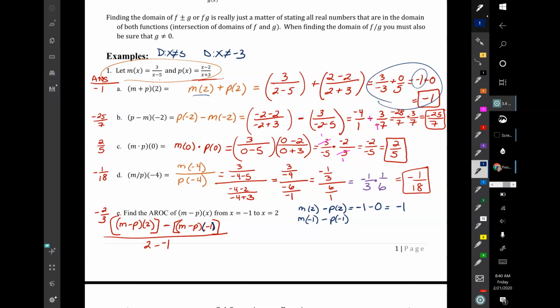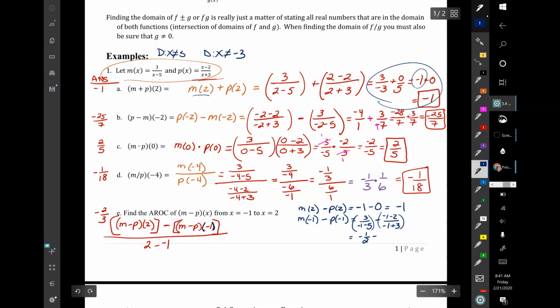So plugging in -1, we get 3 over -1 minus 5, minus -1 minus 2 over -1 plus 3. And all that works out to be 3 over -6, so -1/2.